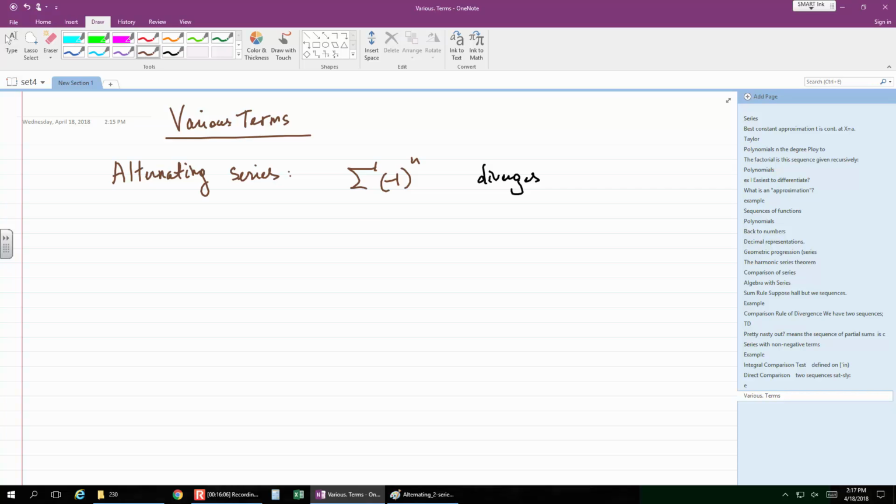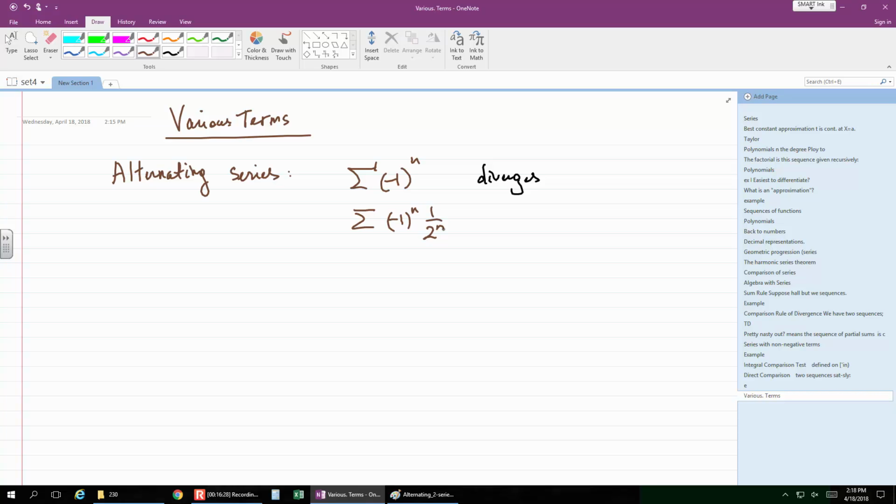But there is another one, and that is -1 to the n over 2 to the n. As you can see, that's what -1 to the n does: it alternates the sign. So n goes odd, even, odd, even, therefore -1 to the n will be respectively -1, 1, -1, 1.